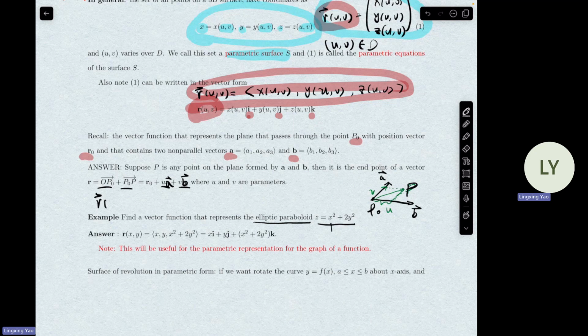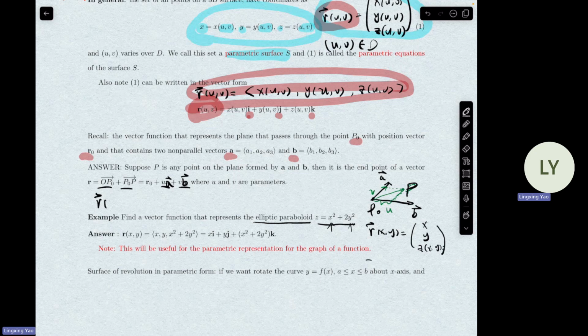One could be chosen as x, the other could be chosen as y. So this parameterization will be like that. x and y will be themselves, but the z will depend on x and y.